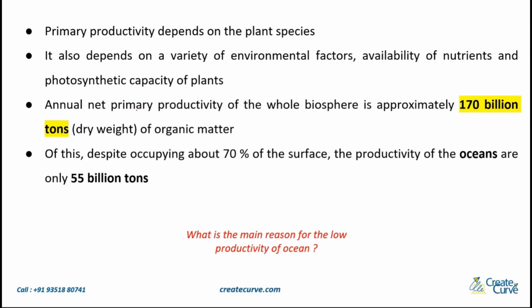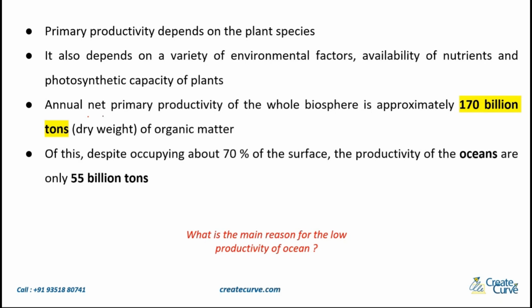So the annual net primary productivity of the whole biosphere, so all ecosystems operating in all these different areas, that is atmosphere, lithosphere, everything together is the biosphere, which makes up the earth. The annual net primary productivity, which means we have taken out all the losses, if any, is about 170 billion tons of organic matter, dry weight.